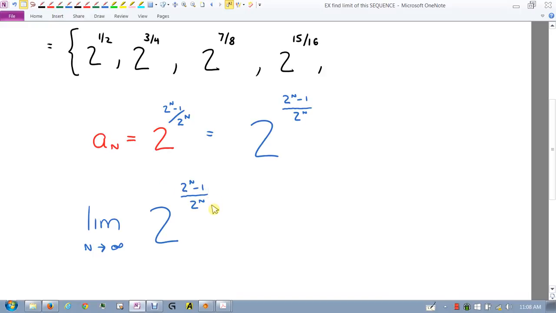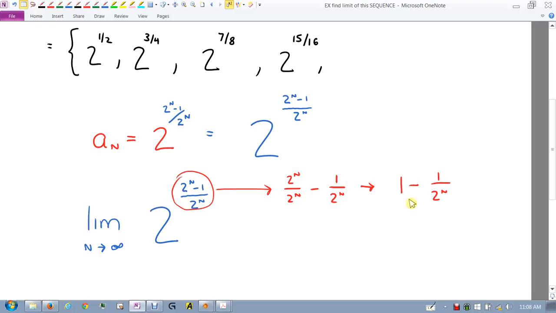Infinity over infinity? So you could get into L'Hopital's rule and you can mess with that, but I think you might be better served to just split this into 2 fractions, right? There's one term on the bottom, so split it up. Isn't this 2 to the n over 2 to the n minus 1 over 2 to the n? But isn't that just 1 minus 1 over 2 to the n?